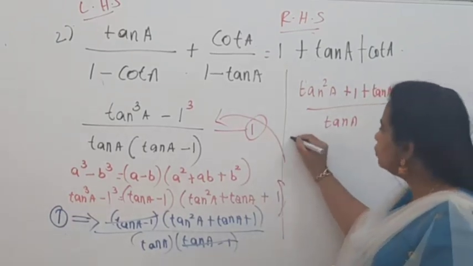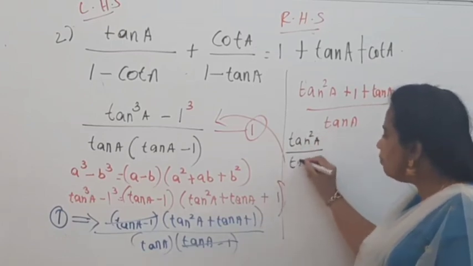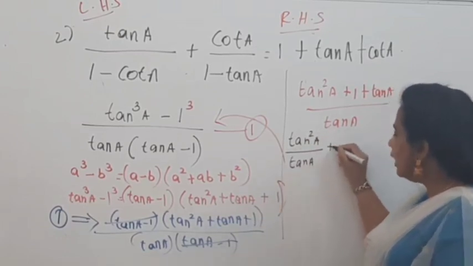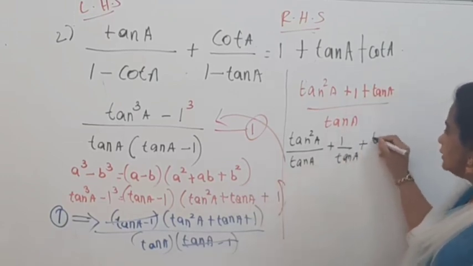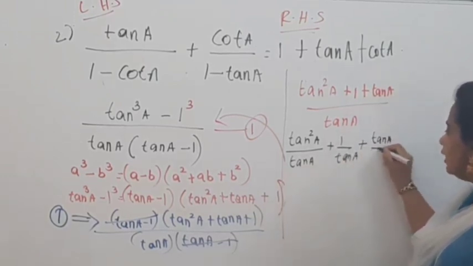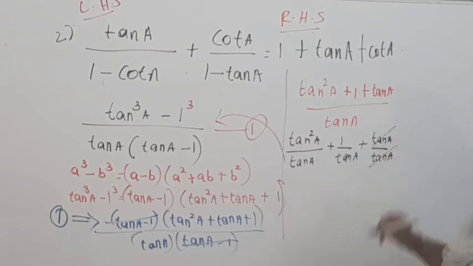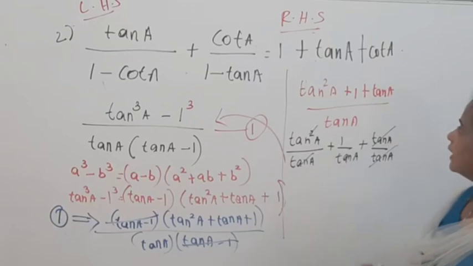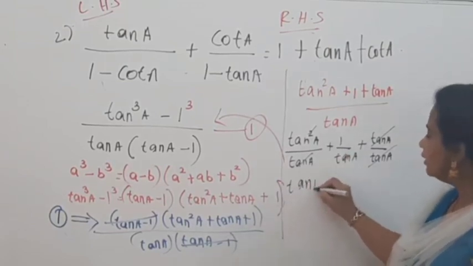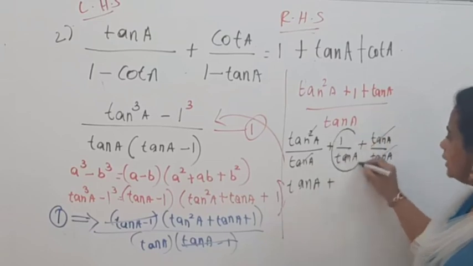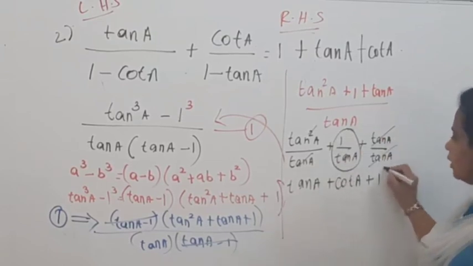So what I am going to do here is separate tan square a by tan a plus 1 by tan a plus tan a by tan a. Hope you get the point here. This gets cancelled. This gets cancelled. So I have tan a plus, 1 by tan a is nothing but cot a, plus this becomes 1.